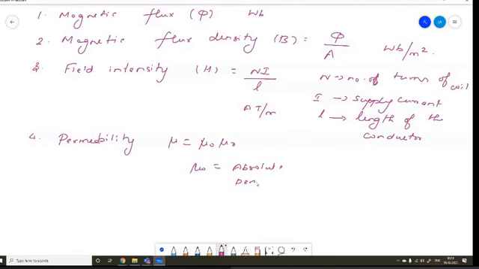So what is mu r? Mu r is your relative permeability, and this mu r is equal to 1 for air and vacuum.